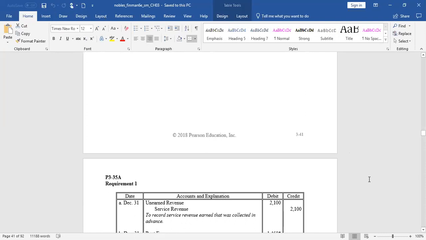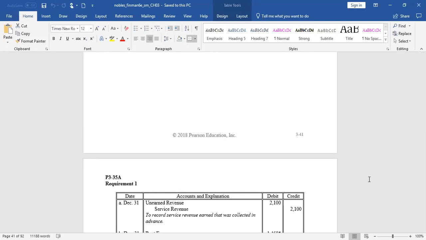And there it is. On December 31st, our adjusting journal entry is increase service revenue for $2,100. We've earned $2,100 of that $3,100 payment we received a couple weeks ago. The day we received that payment, we couldn't call it service revenue. We hadn't done anything yet.